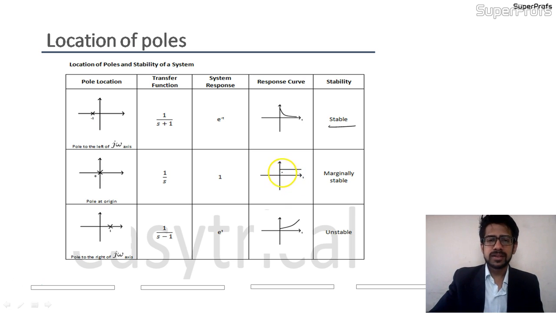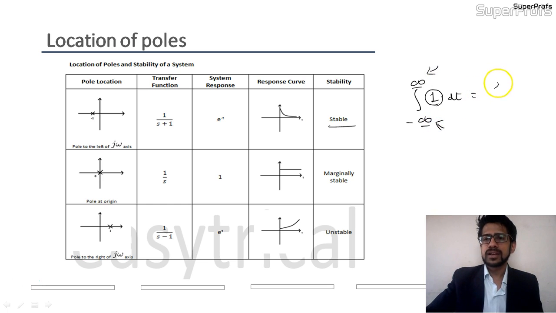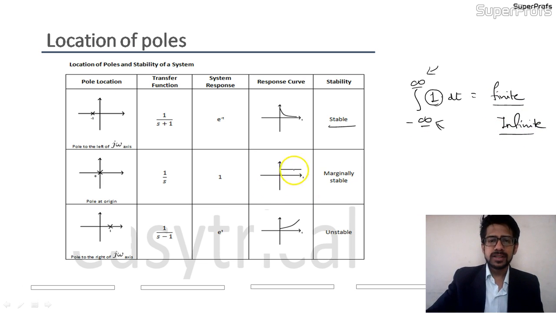But the value of this particular integral for this particular system, 1 into dt, depends upon the limits of this function and not on the function of the system, because if my limits are finite, I'll get a finite response. And because my limits are infinite, I'll be getting an infinite response. And this is exactly why this particular response is categorized as a marginally stable response.